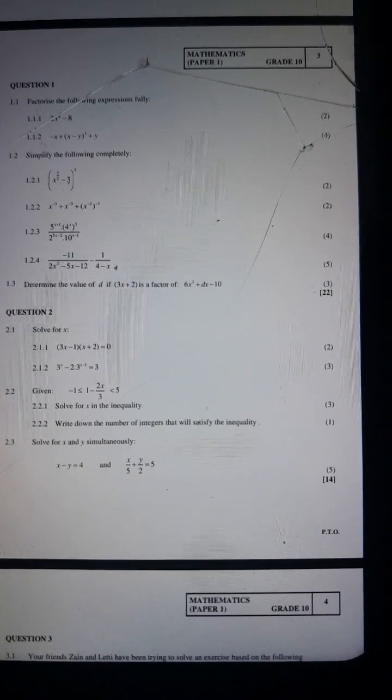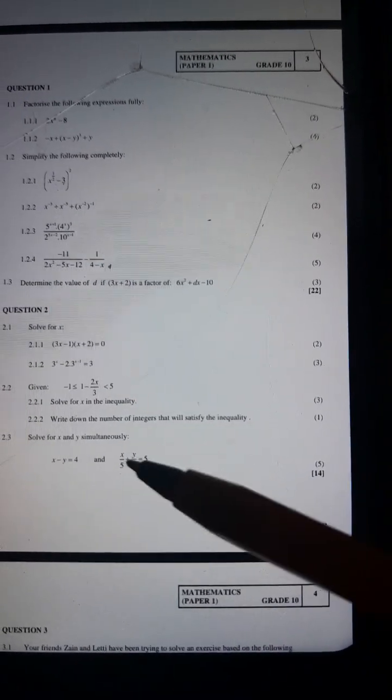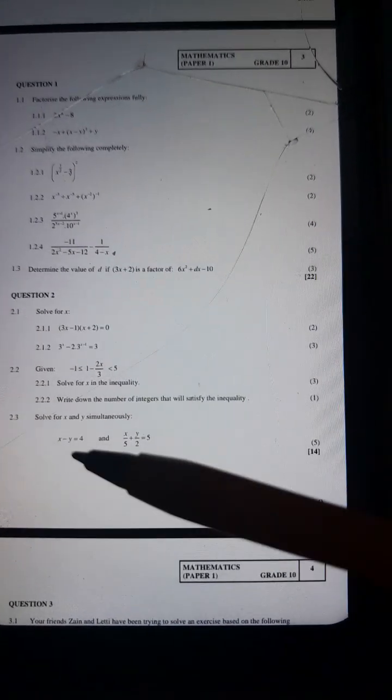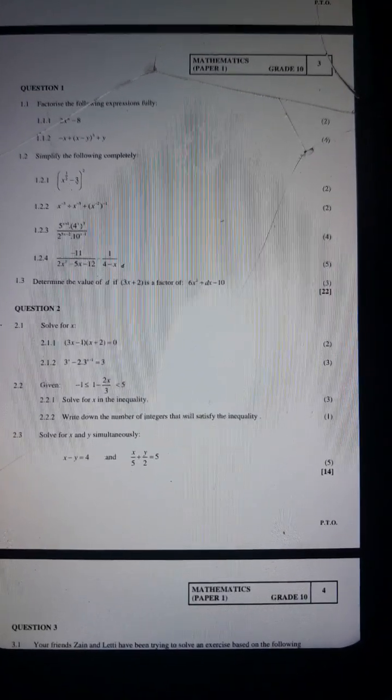First thing first, we can see that we can fix the second equation since it's a fraction, and write it in the standard form. But the first equation is good, but we can either make x or y the subject of the formula.